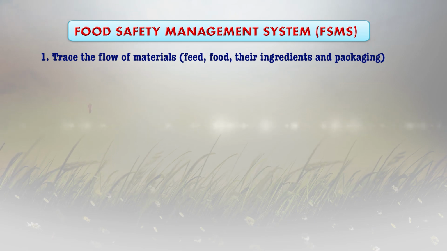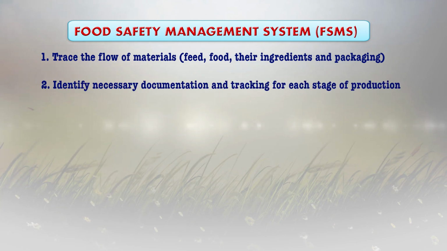This standard allows organizations operating at any step of the food chain, first, to trace the flow of material, that is food, feed, their ingredients as well as the packaging. Second, it identifies the necessary documentation and tracking for each stage of production. That is a systematic way of operating.